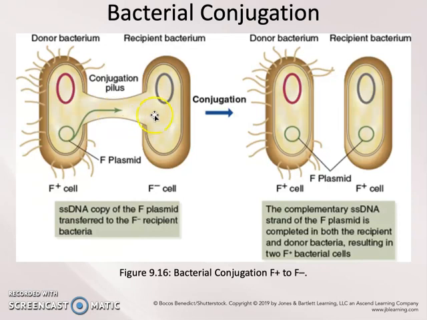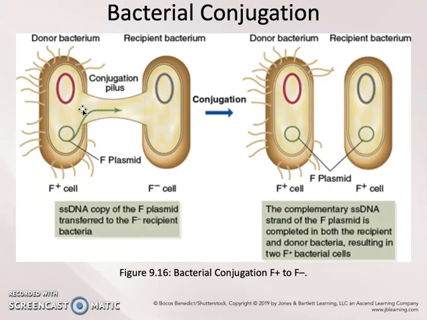When the recipient cell receives the donor plasmid, it now has the capacity to form pili and give copies of this plasmid to other cells. This plasmid is referred to as an F plasmid or fertility factor plasmid. And sometimes this pilus is referred to as a sex pilus.